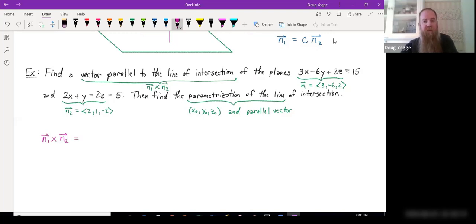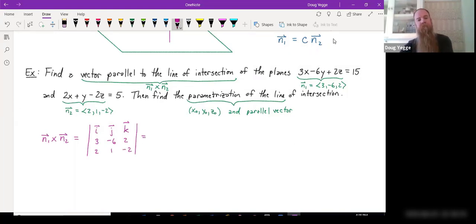So N1 cross N2, by using our determinant formula, is just i, j, k, and 3, -6, 2, and 2, 1, -2.